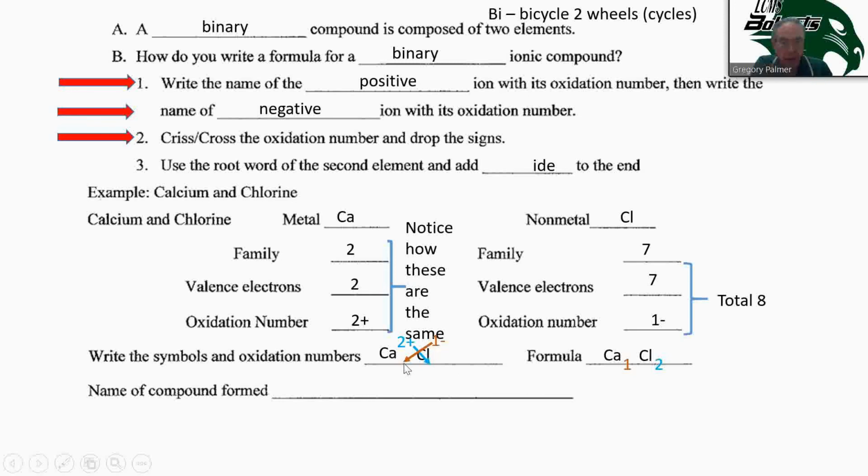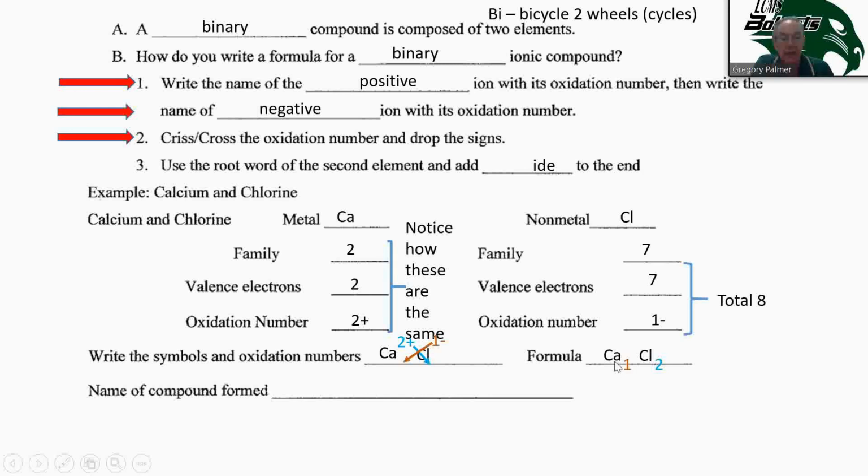You take this number here, and you put it down here. You take this number here, and put it down here. Now in a formula, there's no signs. It just says there's 1 calcium and 2 chlorines in this compound. Now, do we need this 1? No. This is like algebra. But in the 8th grade, if you write the 1 there, I might have marked it wrong.